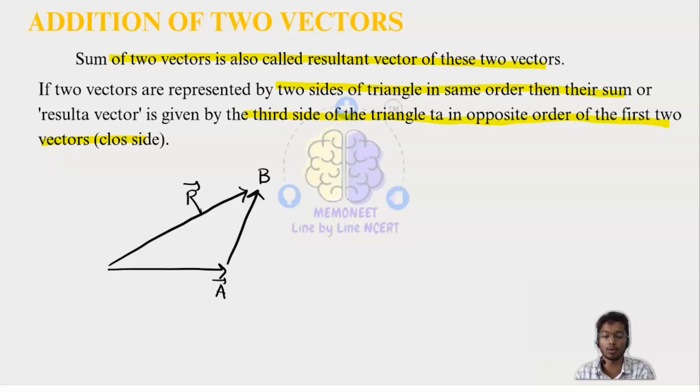We can also do this. Let's say these are the two vectors, p and q. So how will we find out the resultant? Now take the tail of one vector to the head of another vector. Let's say we are displacing p.